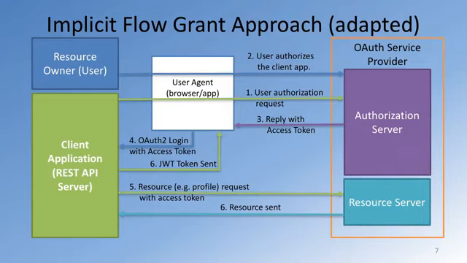At that point, the client application will generate a JSON Web Token in the example that we will implement in the exercise, and then pass this JSON Web Token back to the user agent, the front-end application, the Angular app or the Ionic app or the NativeScript app.